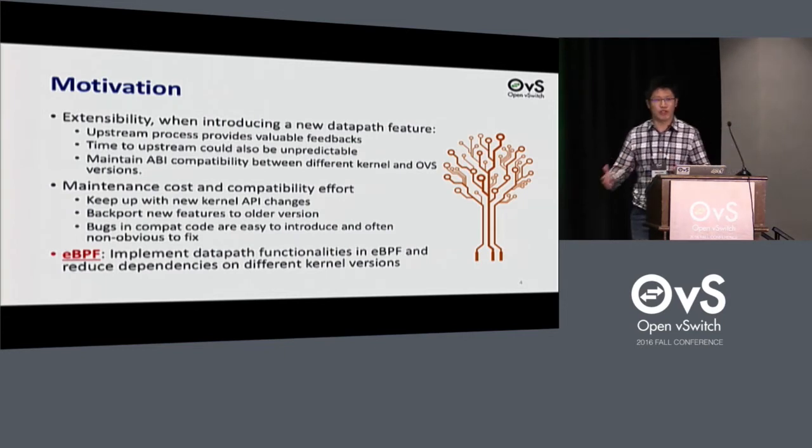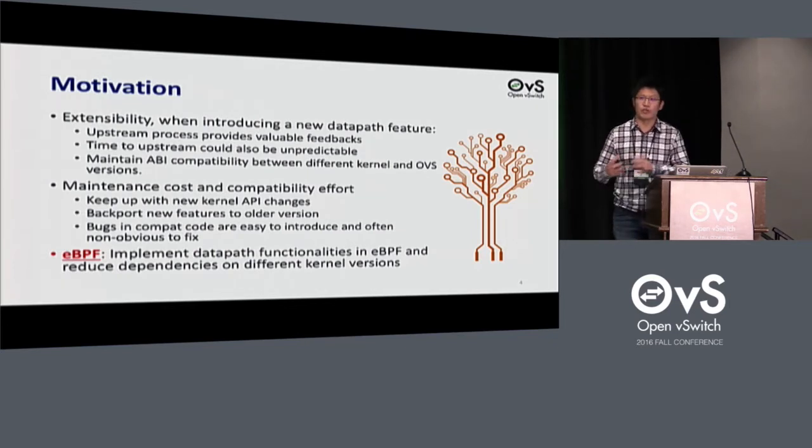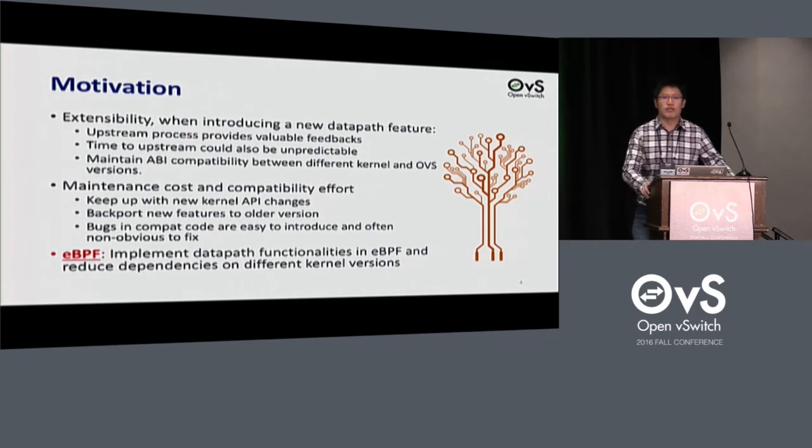The Linux kernel keeps changing, new features get added and new protocols keep being added. So APIs might change, and with this new feature we need to ensure that it indeed works correctly with newer versions of the kernel. Sometimes we even need to backport the new feature into older versions. There are bugs in this compatibility code, and usually they're pretty hard to find and hard to fix.